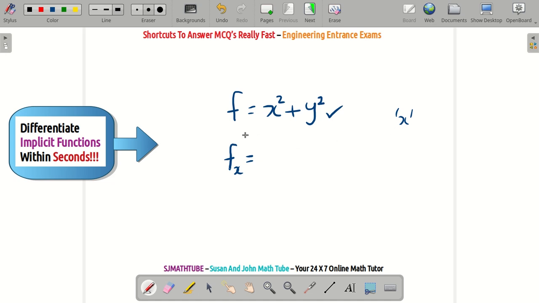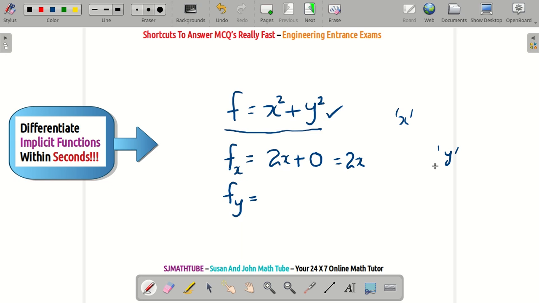So what will be the derivative with respect to x? And that will be 2x plus, of course, everything other than x will be treated as constants. So you're going to end up with 2x. And if you want to differentiate partially with respect to y, you imagine this expression has only one variable and that is y.